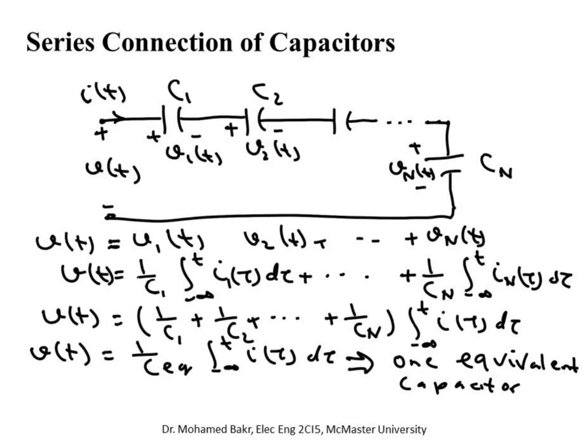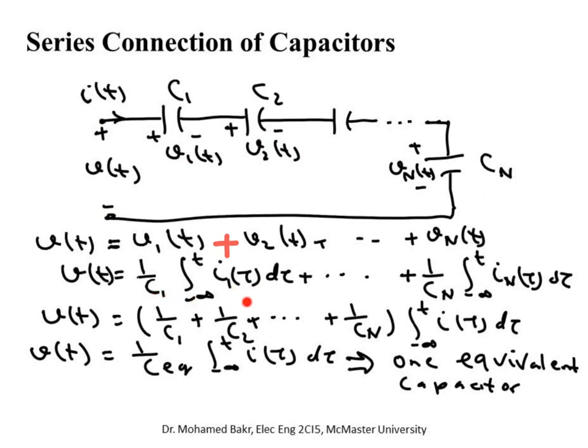Okay? But the voltage V, if you apply KVL, you see that V of t, which is the voltage between these two terminals, is equal to V1 plus V2 up to Vn. So we start with this one. This is KVL. V is equal to V1 plus V2 up to Vn. I'm missing a plus sign here. Okay, so the different part here is that you are going to replace each voltage by 1 over C1, the integral from minus infinity to t of I1 of tau d tau.